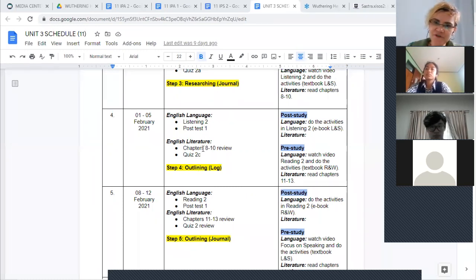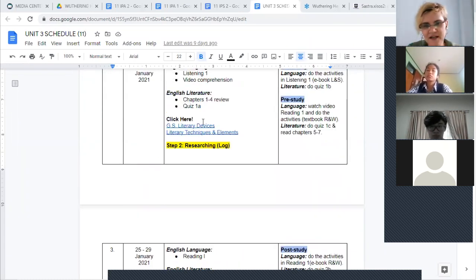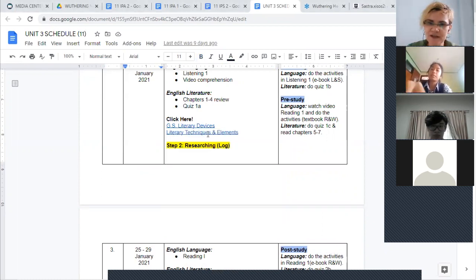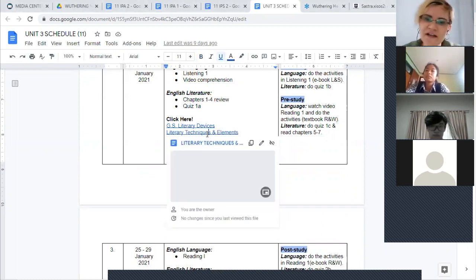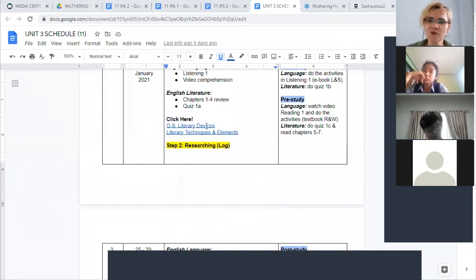Okay, then today we're going to focus on chapters 8 until 10. Remember, last week we dug into literary devices and we looked at what those are. We have here also the Google Slides that you can look into again. So the devices are divided by techniques and elements, whereas the elements are more focusing on what a story consists of.